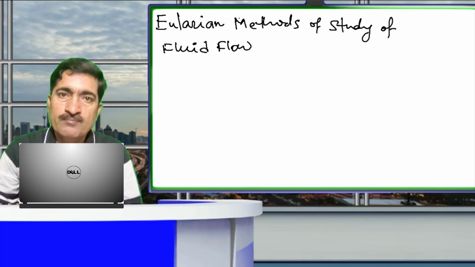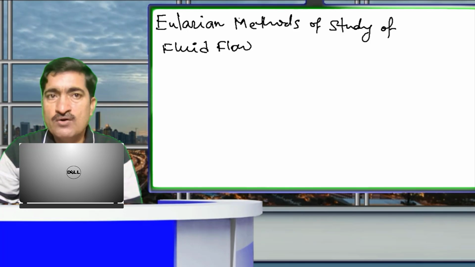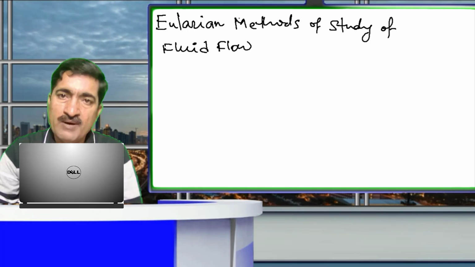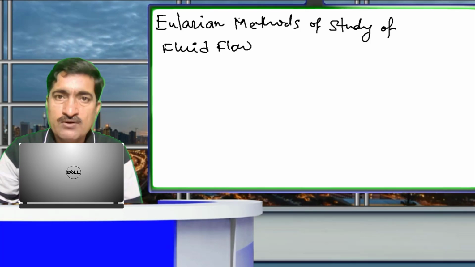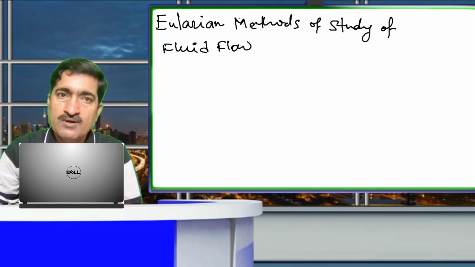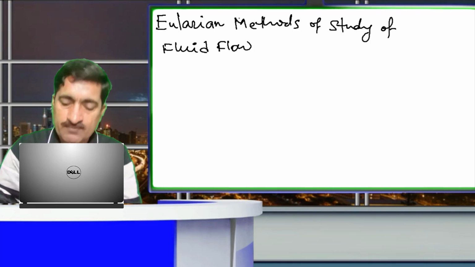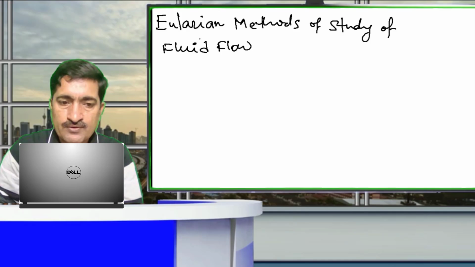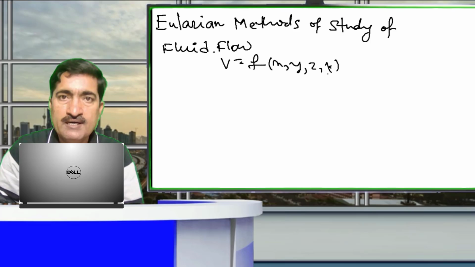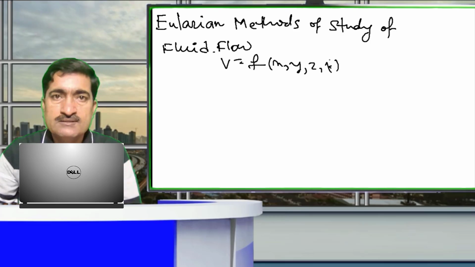In the Eulerian method, the description of flow is based on a fixed coordinate system, and the description of velocity, acceleration, etc. is with reference to the location and the time, meaning v is a function of x, y, z and t, and not with reference to the particles.